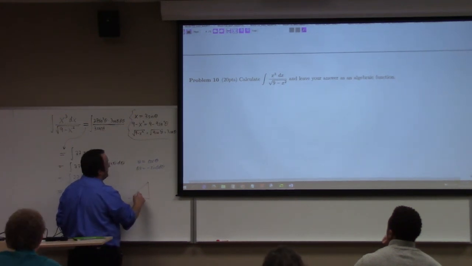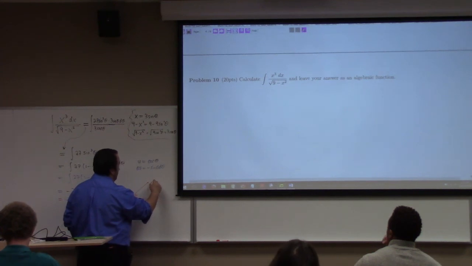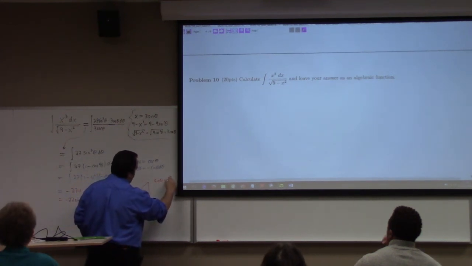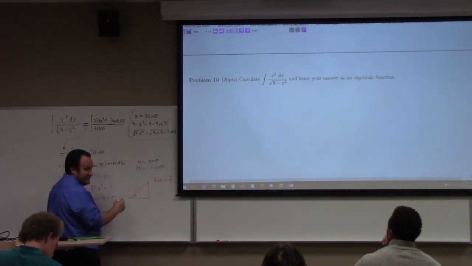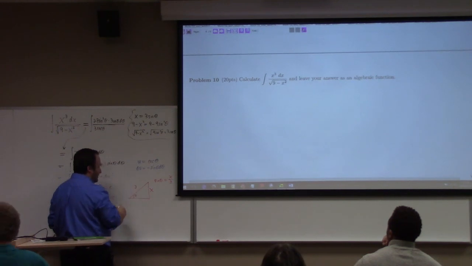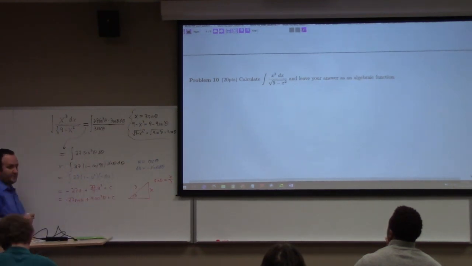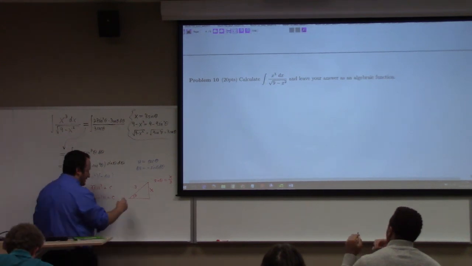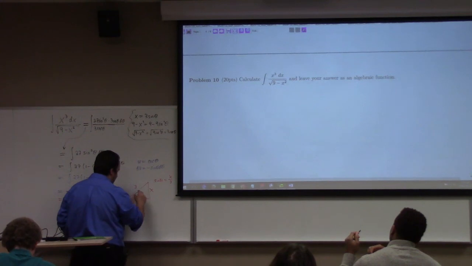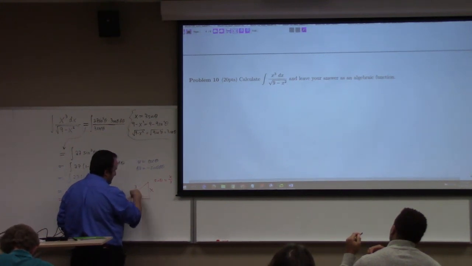Put theta here. My substitution is that sine theta is x over 3, right? So that suggests the opposite side is x, the hypotenuse is 3, and whatever's left over is the adjacent side. By the Pythagorean theorem, 3 squared is 9, so the adjacent side should be the square root of 9 minus x squared.